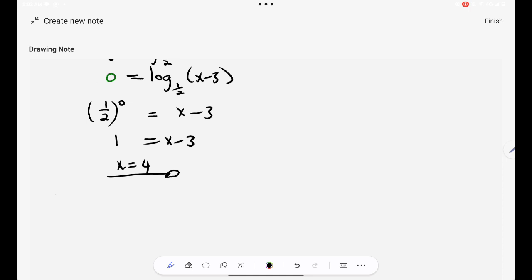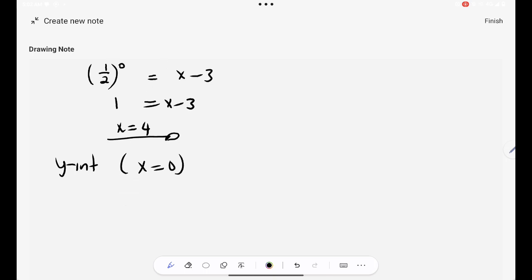For my y-intercept, I must always make x 0. But in this case, I don't have a y-intercept because I have the graph of log of x minus 3. Why don't I have a y-intercept? Because the index of the log, this number here, is called the index.